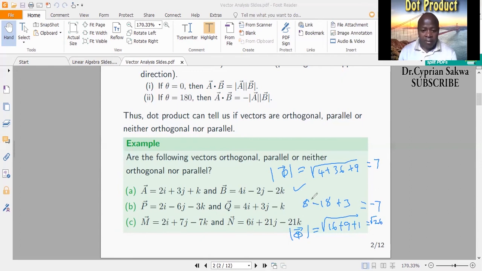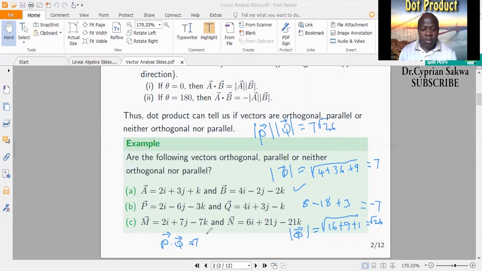Now, I found P dot Q to be negative 7. What about the product of their magnitudes? What will that give us? This will be 7 times the square root of 26.